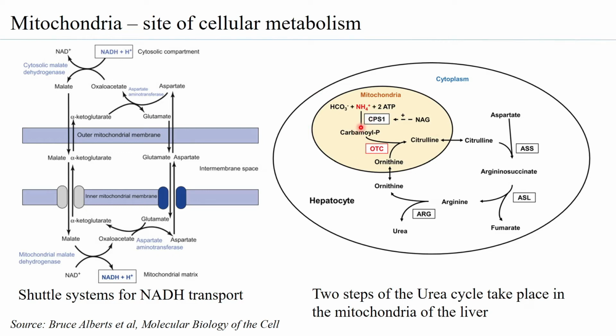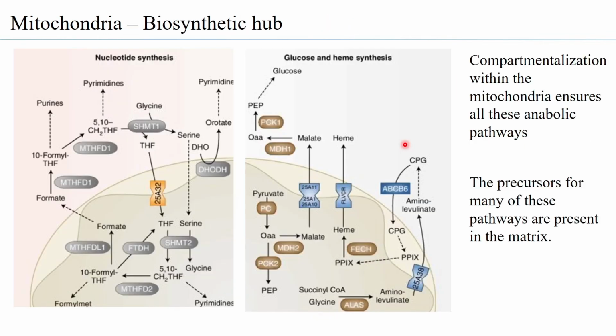There are two enzymes, CPS1 and OTC, ornithine transcarbamylase and carbamyl phosphate synthase. They are responsible for enabling formation of ornithine, and this ornithine then goes in further so that urea is formed. So this urea cycle also takes place in the mitochondria, not the entire cycle, but only 2 steps. But these 2 steps are important and crucial.